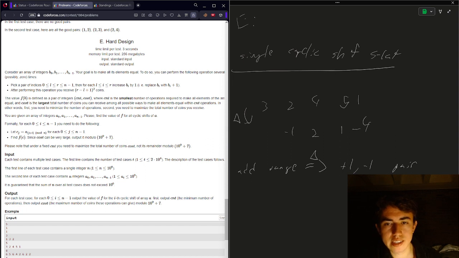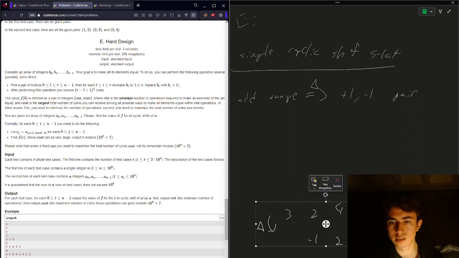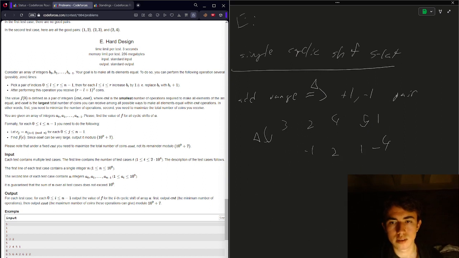Back to our example. Let's move things around. It's going to add 1 to our operation, add 1, add 1, and add 4.